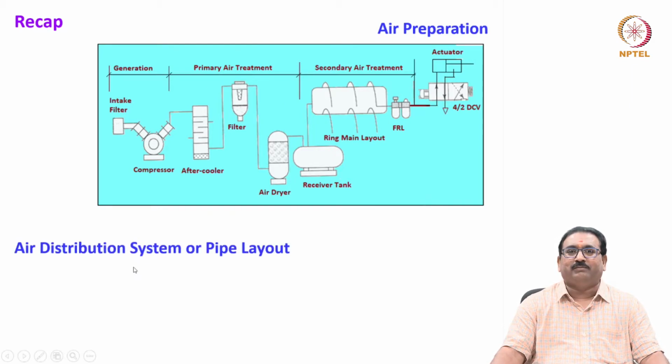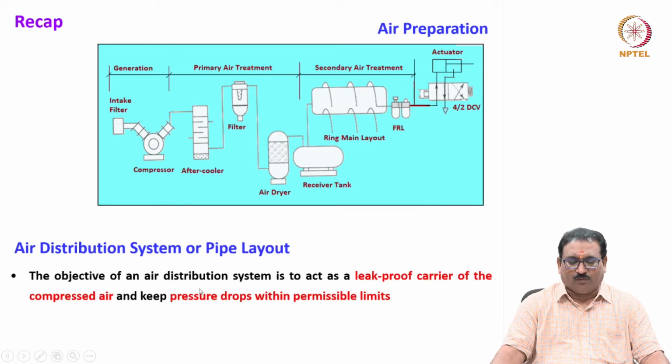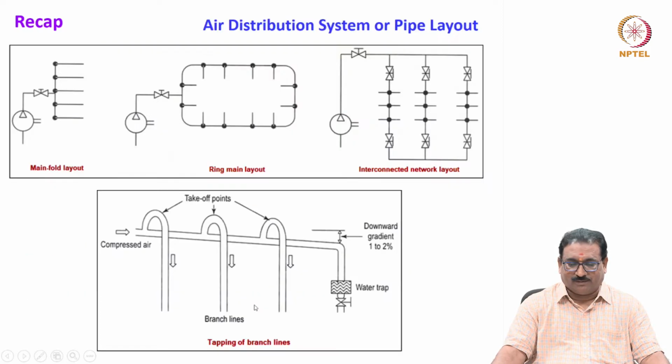Also we are seeing the air distribution system or piping layout playing a major role in reducing the pressure drops and losses. What is this? The objective of the air distribution system is to act as a leak-proof carrier of the compressed air and keep pressure drop within the permissible limits.